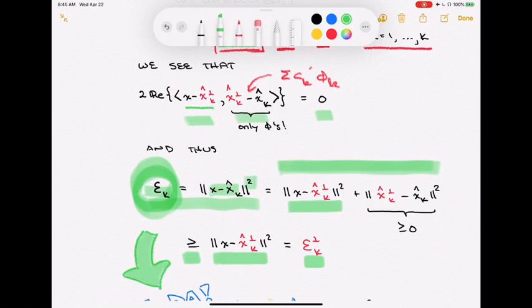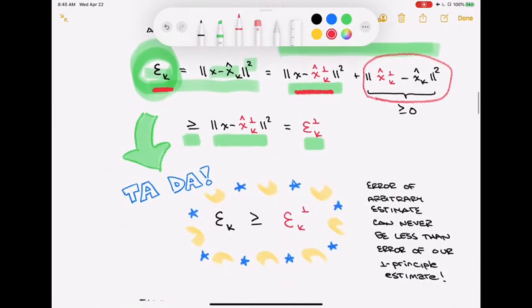Because the size of the arbitrary estimate's error always has this extra piece on top of the size of the error of our orthogonality principle estimate. This is actually the result we wanted.